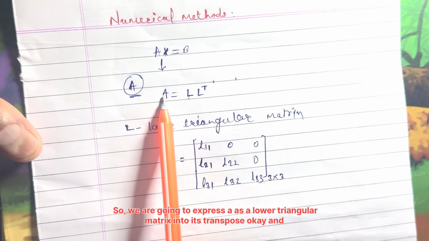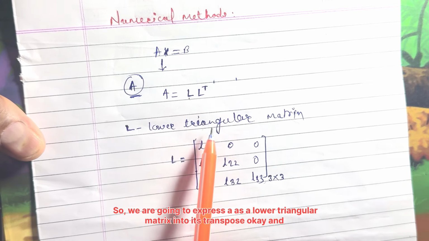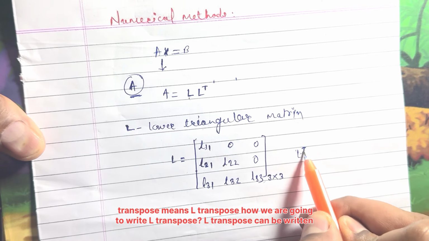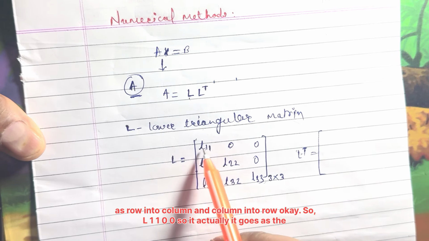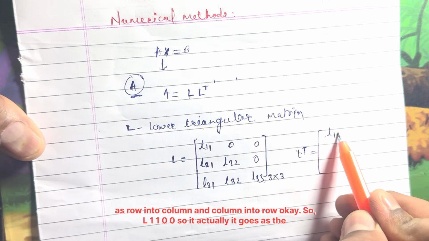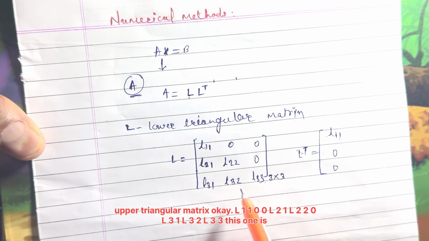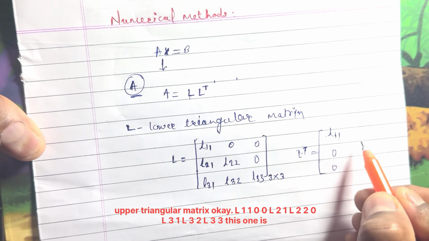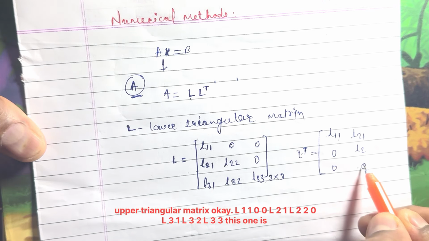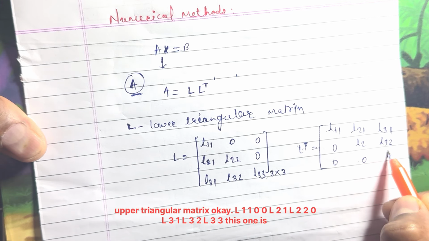So we are going to express A as a lower triangular matrix into its transpose, and the transpose means L transpose. How do we write L transpose? The transpose is obtained by interchanging rows and columns, so it becomes an upper triangular matrix: first row L11, L21, L31; second row 0, L22, L32; third row 0, 0, L33.